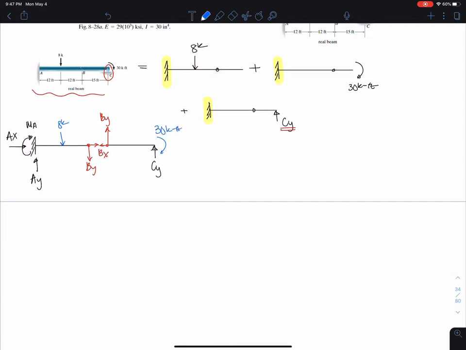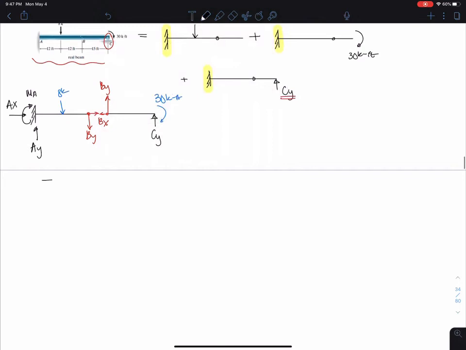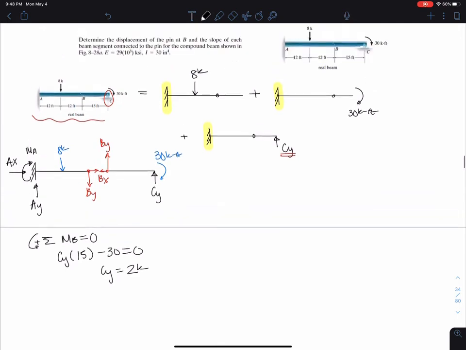And I'm going to analyze both of these sides in order to get my reaction. So I'm going to say sum of moment at point B has to be 0. Counterclockwise is positive. So I have CY times 15 minus 30. And I get CY equals 2 kips, which is what I needed for this. Okay. So here I'm going to replace this CY with 2 kips.